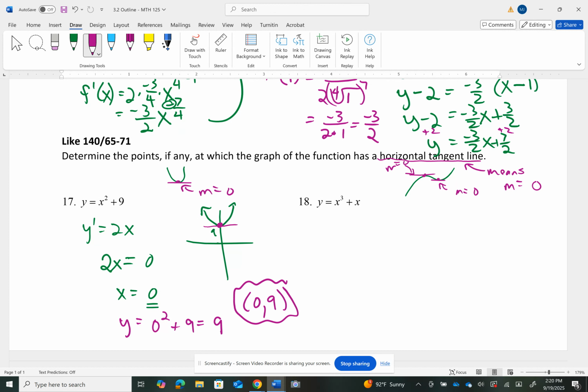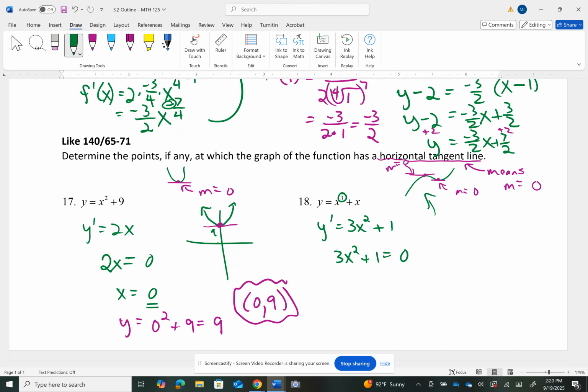Now, if I tried that on this one, I would first want the derivative, which would be 3x squared plus 1. Oh, but if I try to find out what causes that to equal 0, there's no number that's going to wind up making that equal to 0. When it's cubic, you kind of think that it could look something like that and have some highs or lows.